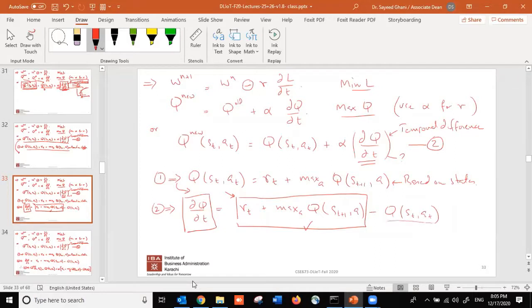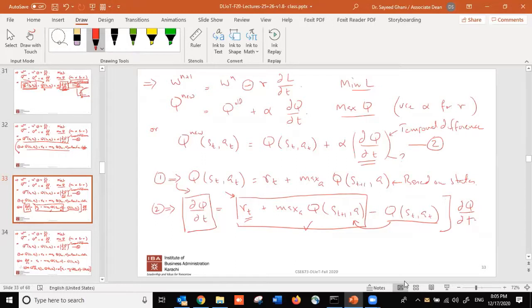And this was the original value of Q. And based on the movement, it got a new value, which had a certain reward and which depended on Q of adjacent states. So can you see that this can be thought of as the rate of change of dq by dt?